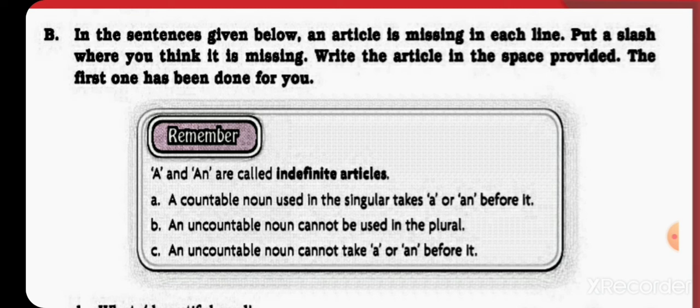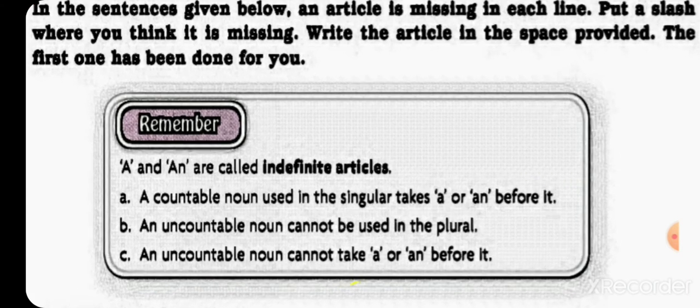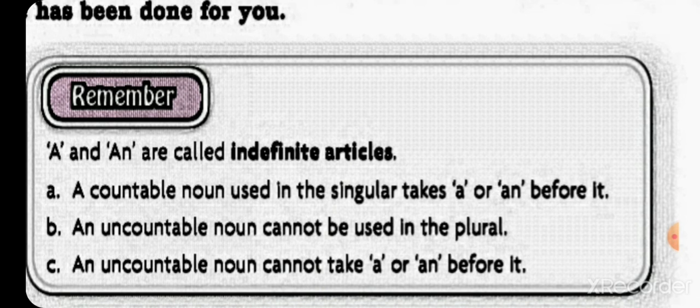But before doing this exercise, beta, let's remember something very important. That is a and an. A and an are called indefinite articles, whereas the is called the definite article. Let's see the first part. A countable noun used in the singular takes a or an before it, and an uncountable noun cannot be used in the plural.